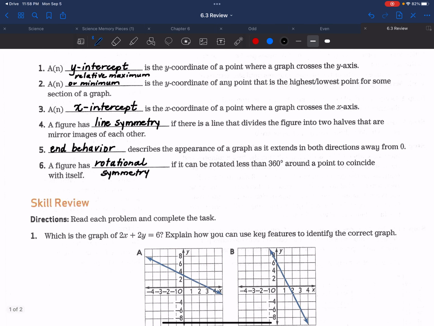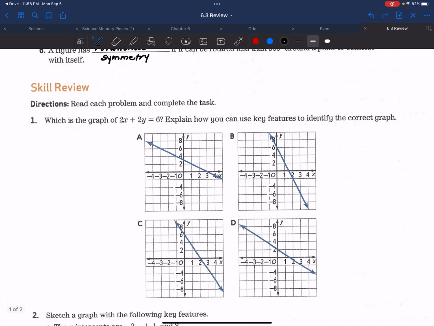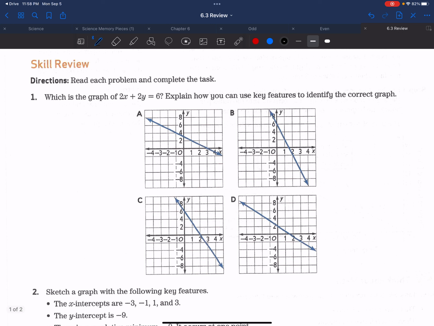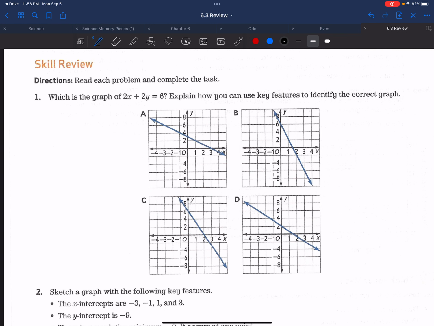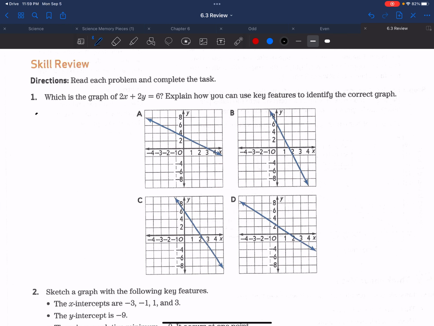Skill review. Read each problem and complete the task. Explain how you can use key features to identify the correct graph. They've given me an equation: 2x plus 2y is 6.